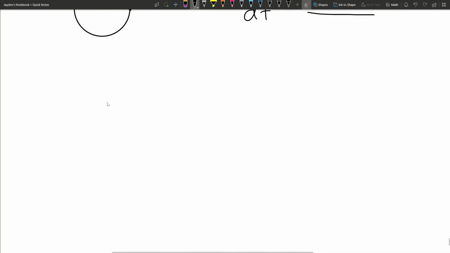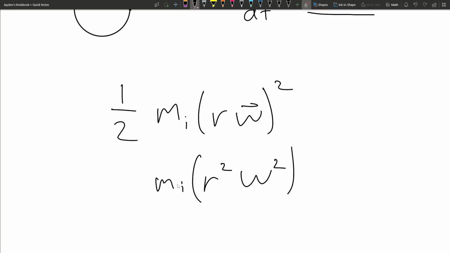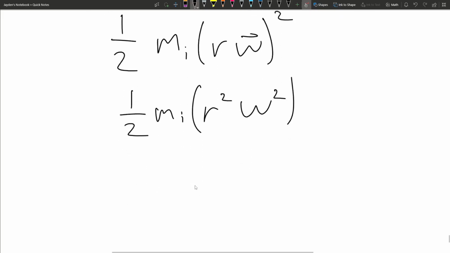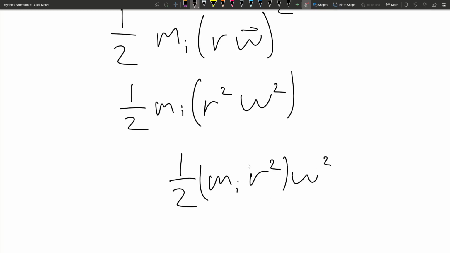So 1/2 m (r omega) squared. And since this is multiplied, we can square both, and it'd be the same thing. Then we got the definition of the moment of inertia, which is this thing.